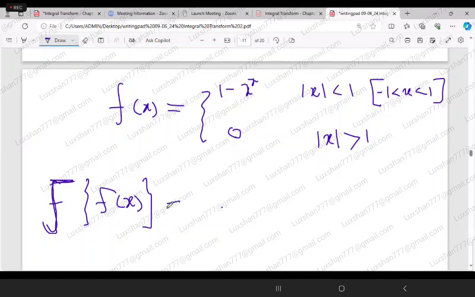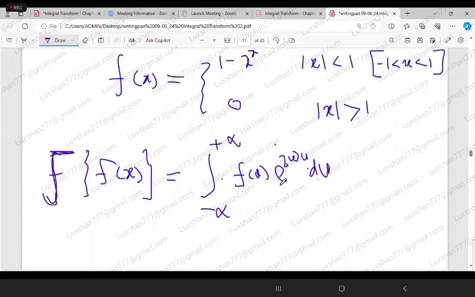This is equal to, we know, the integration from minus infinity to plus infinity of f(u) e to the power i omega u du. This is the definition. Look at here, there is no minus; only the inverse has the minus.